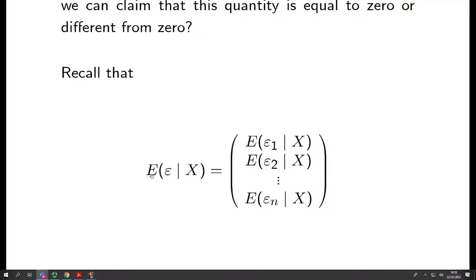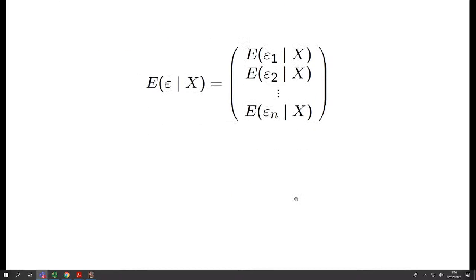Whenever I write expected value of epsilon given x, I mean the expected value of the error of the first unit conditioning on all the variables in the x matrix, the expected value of the error of the second unit conditioning on all the variables in the x matrix, and so on. Keep this in mind, it will be important. It is the general definition I gave you before.